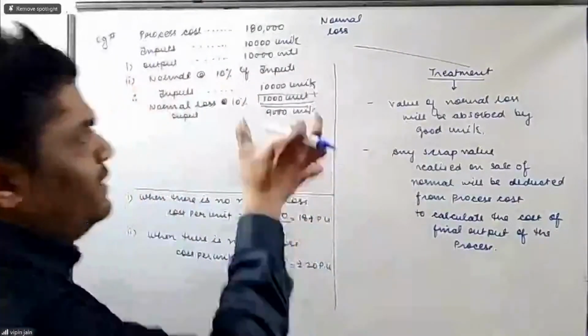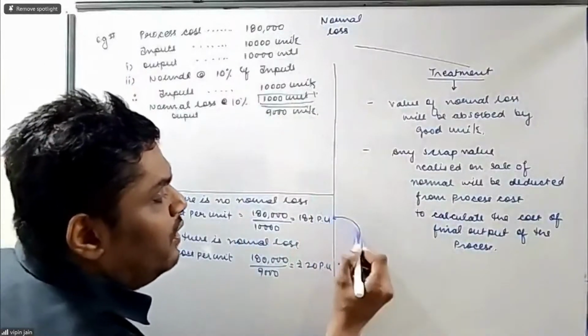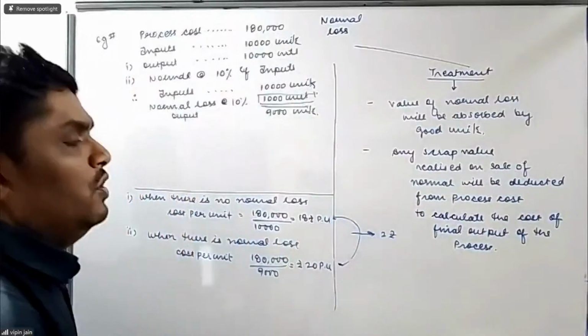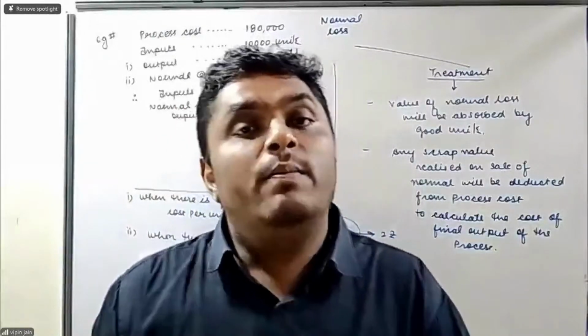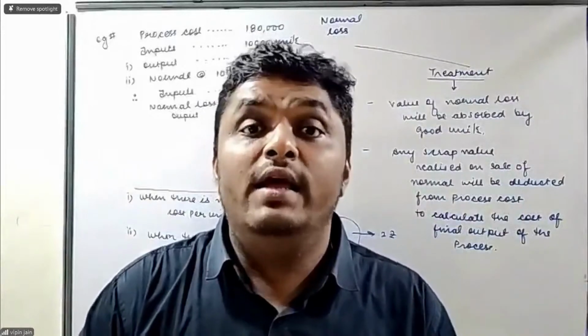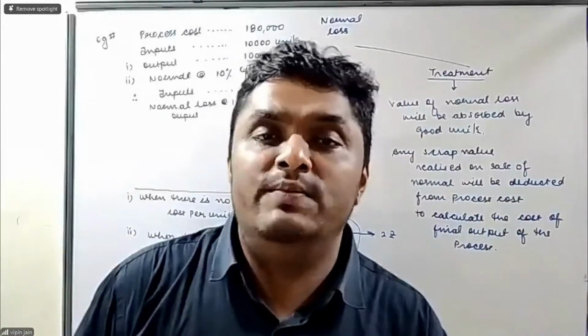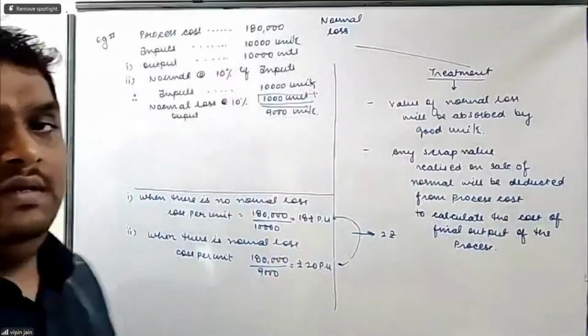Due to this loss of 1,000 units, the product cost is inflated by 2 rupees. So this is what we call that the value of normal loss is absorbed by good units. वो cost जो 10,000 units absorb करने वाले थे, now only 9,000 units are absorbing, and accordingly the product cost is inflated because of this.